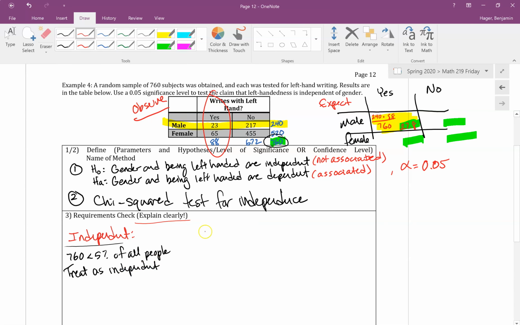Okay, are we random? Yep, I see it says yes, a random sample was used. Okay, sorry, I had to pause it there for a sec. So I think we were on large enough.